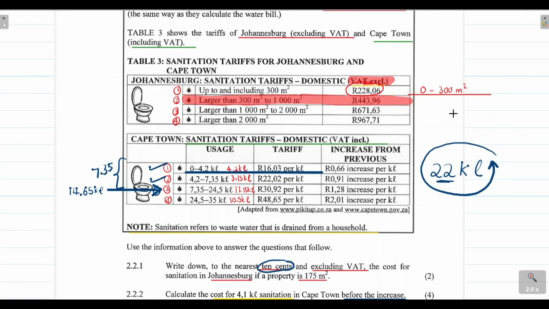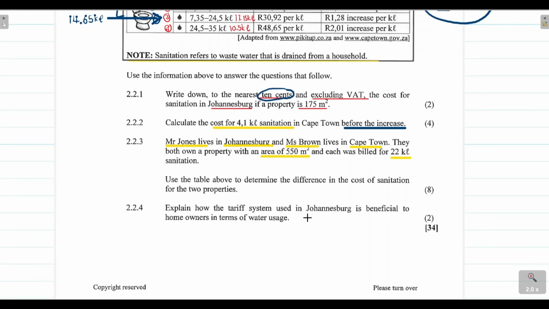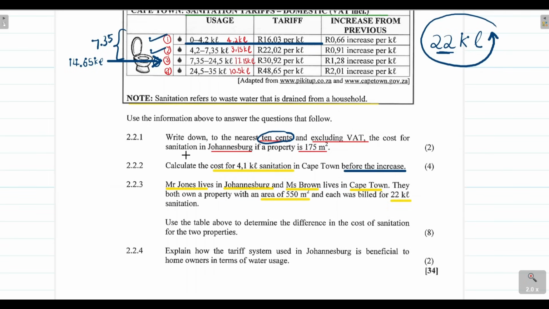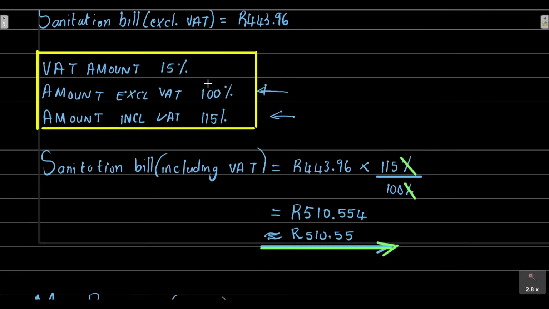So we can write down how the tariff system used in Johannesburg benefits homeowners. It benefits homeowners with small property, who pay less. So if you have a small property, you just pay less. That's how you would benefit if you are a homeowner staying in Johannesburg.